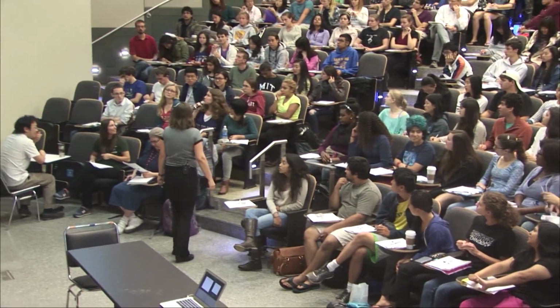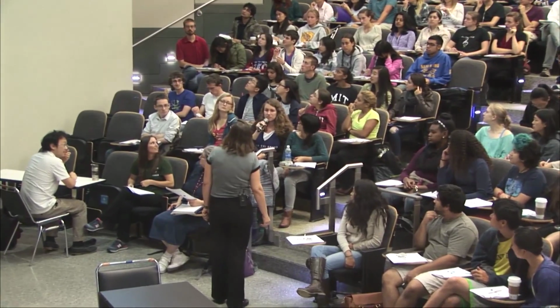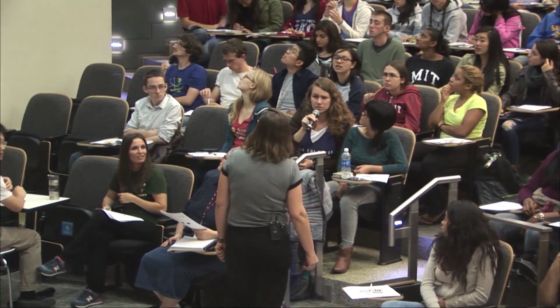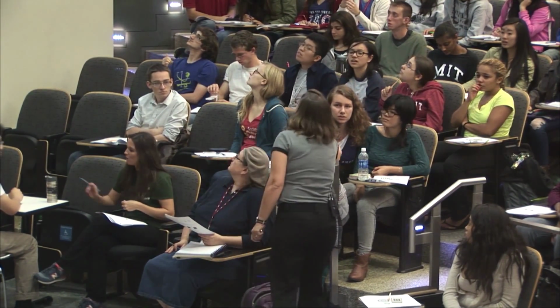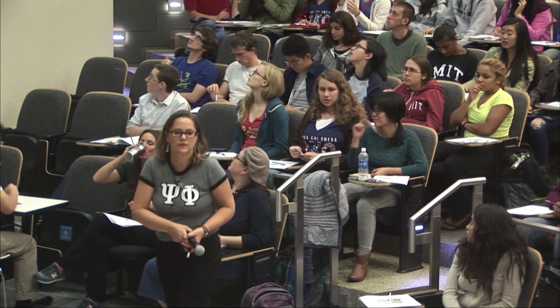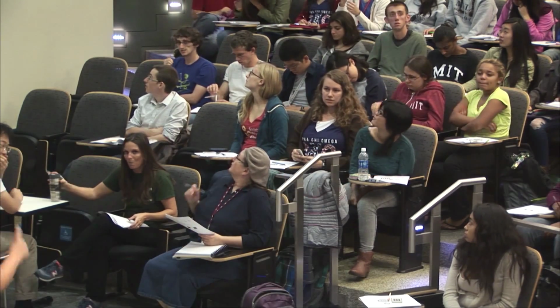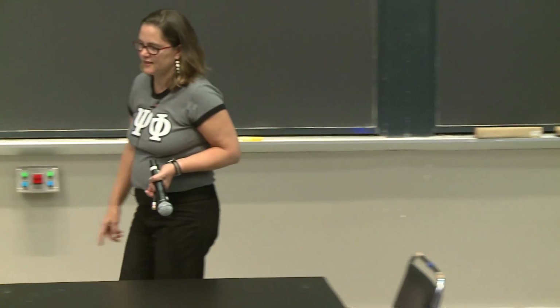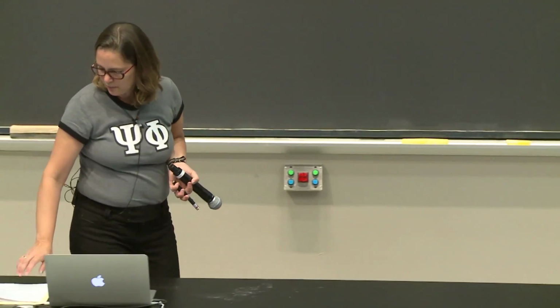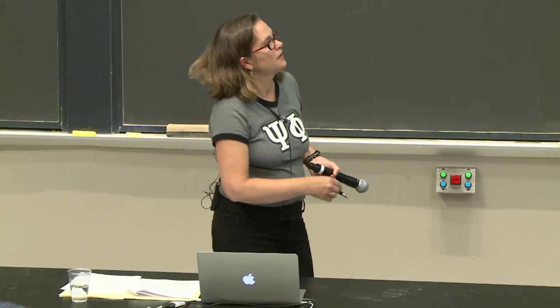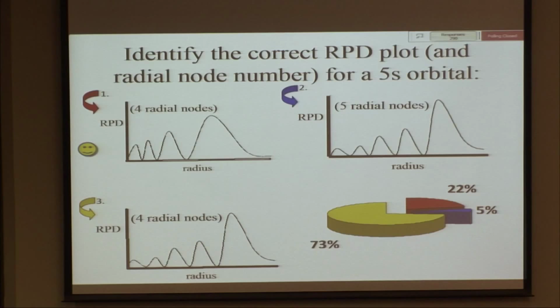Should there also be a certain number of peaks in the graph as well as nodes? Yeah. If you look at the peaks, these are really hard to draw, and I think that's partly what the problem is. But later in the handout where they're drawn a little bit more carefully, the number of peaks does increase.